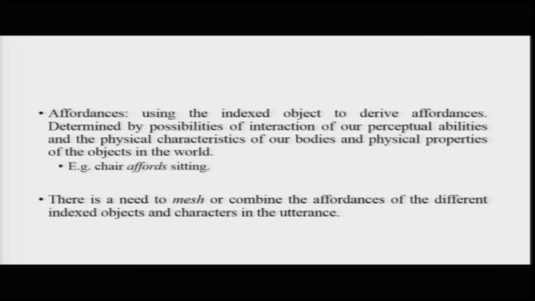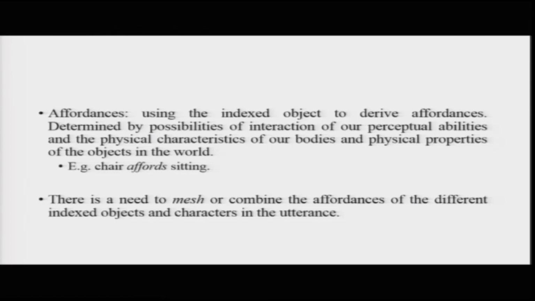What is affordance? Affordance is using this indexed object to derive some kind of action possibilities. Affordances are action possibilities. How can you interact with this object? This is the set of possibilities of interaction, and it is partly derived by our perceptual abilities and partly by the physical characteristics of these objects.